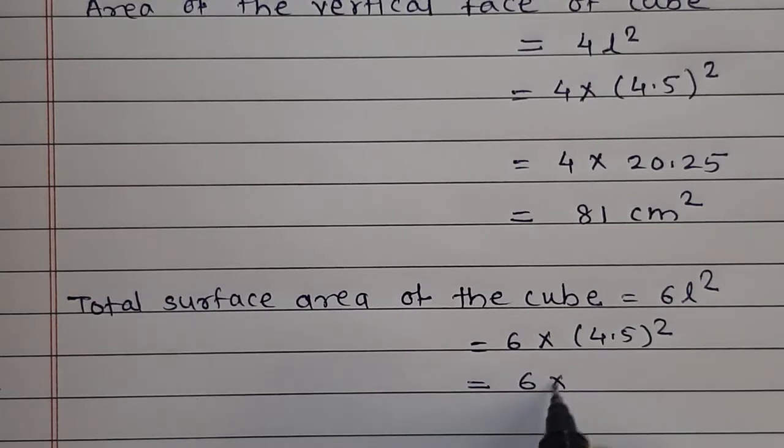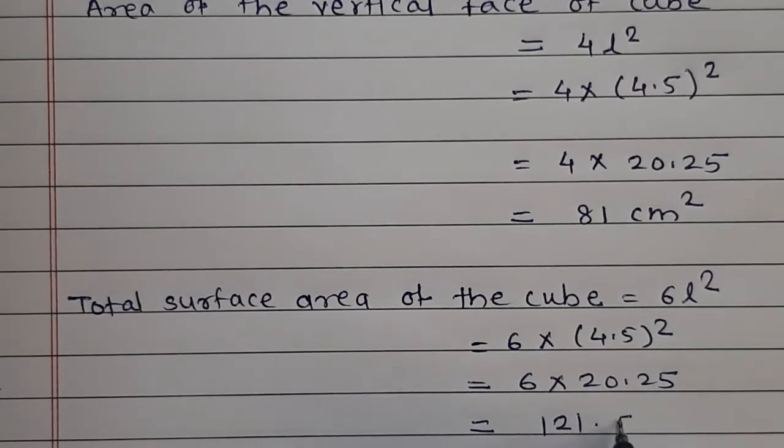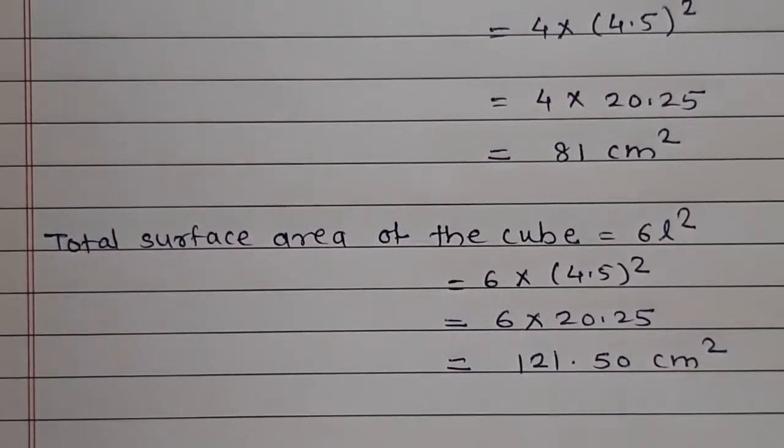So 6 into 20.25, we will get 121.50 centimeter square. So total surface area of the cube is 121.50 centimeter square. Understood? Now the fourth example is again based on the same cube, so you will try for that sum.